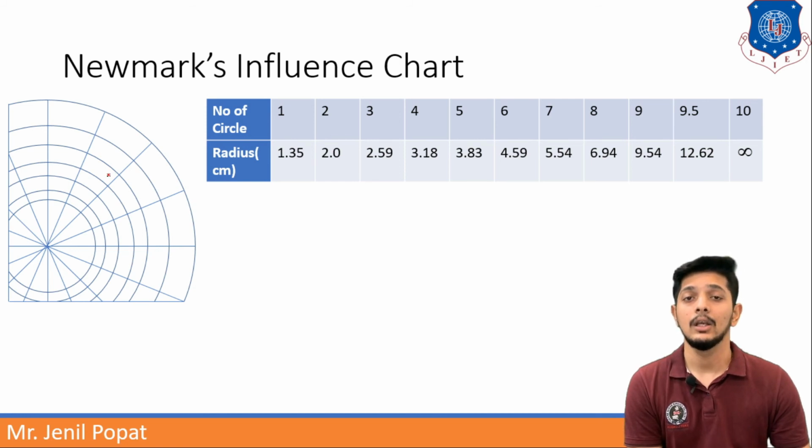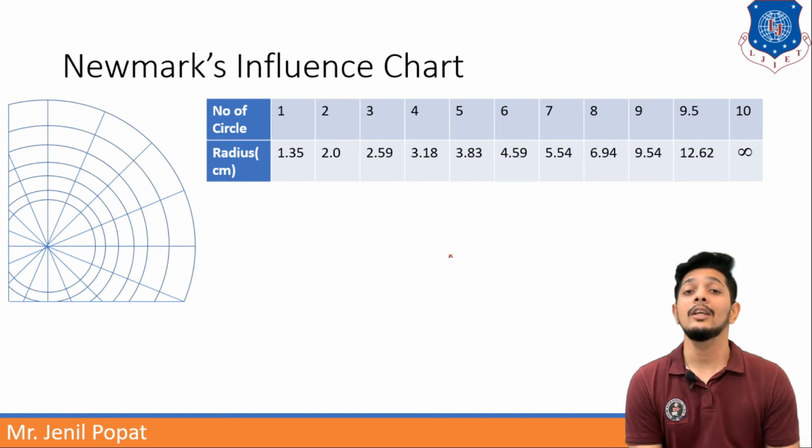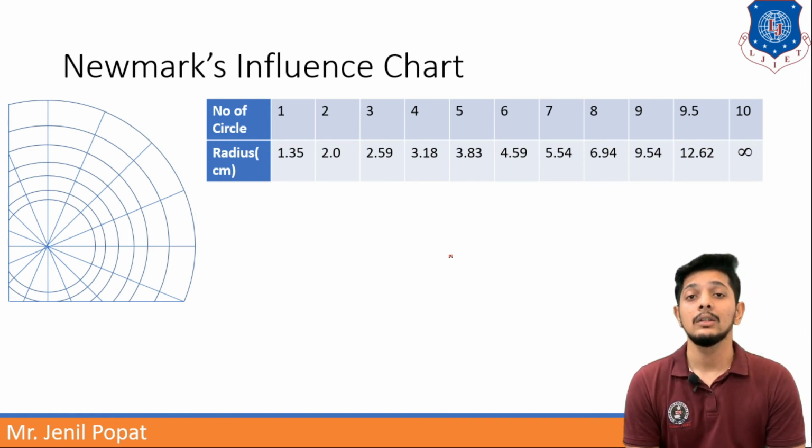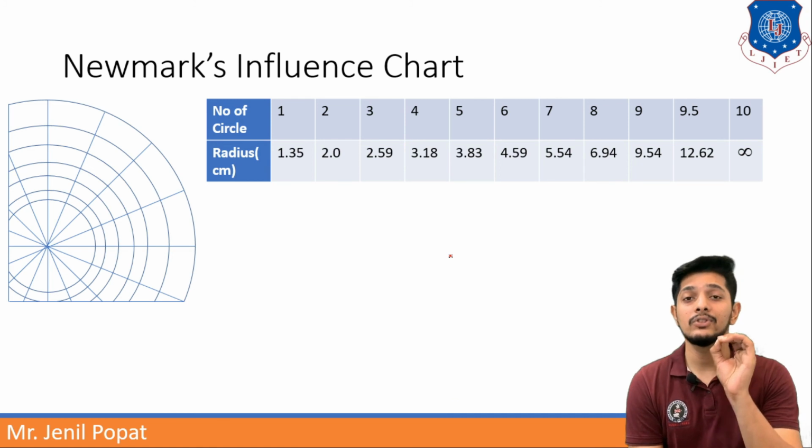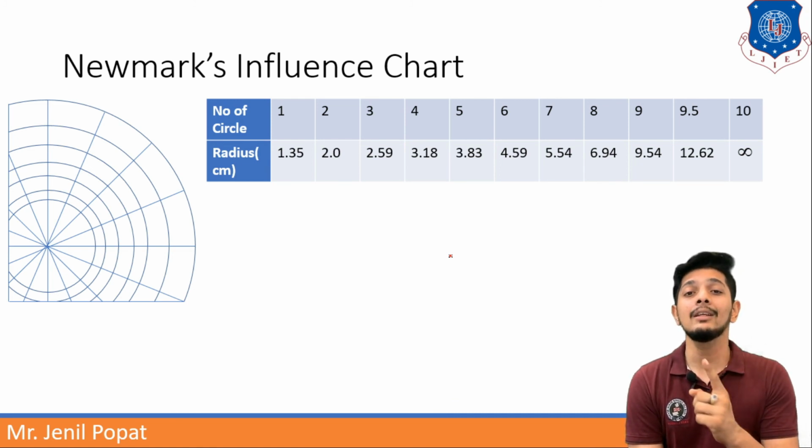Circle number 1 will have radius 1.35, and it goes up to 10. At the 10th circle the radius will be infinite, because the equation limits up to that, and we cannot draw the 10th circle here. So this is Newmark's influence chart theory. It shows every equal stress point throughout the soil.